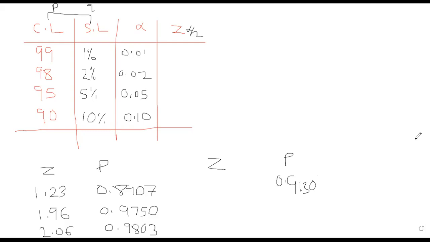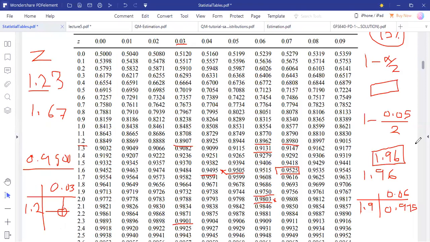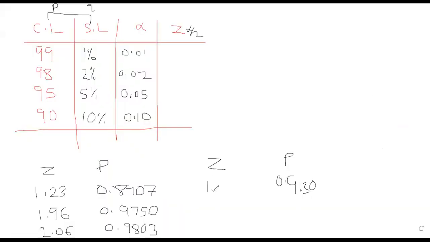Help me identify 0.9130. Which one is closest, or is it exactly? 1.36. Are we agreeing? So this is 1.36. We're agreeing with him.